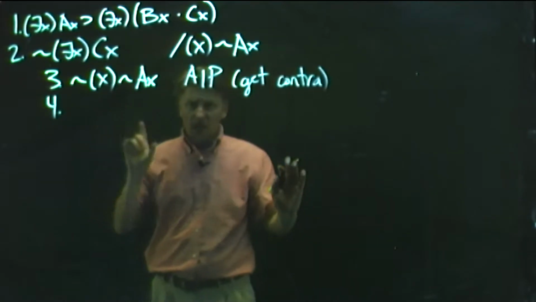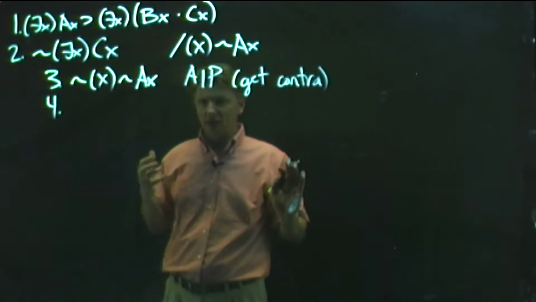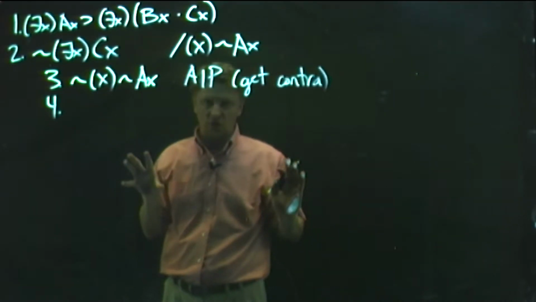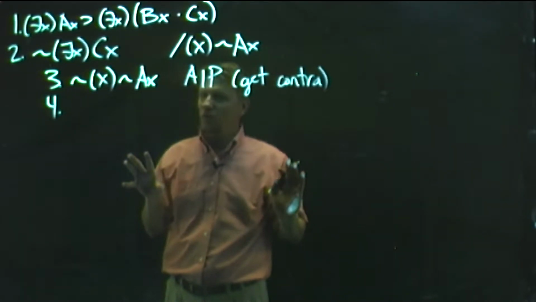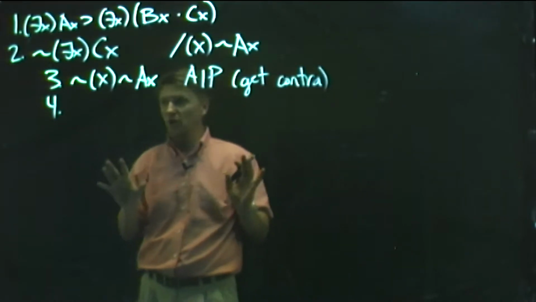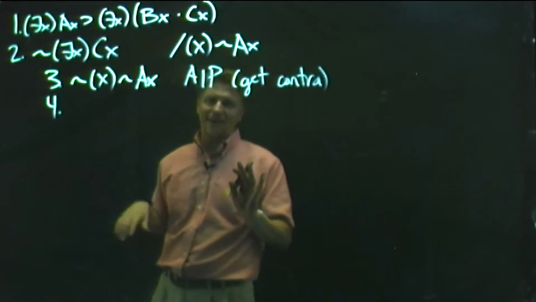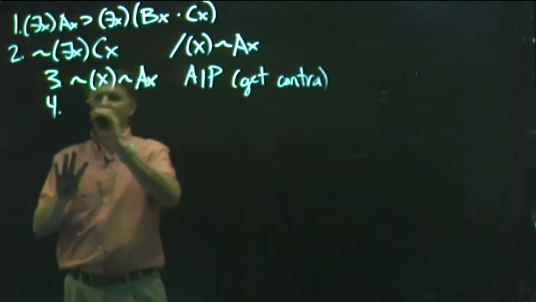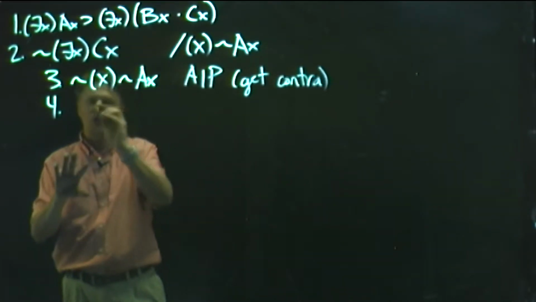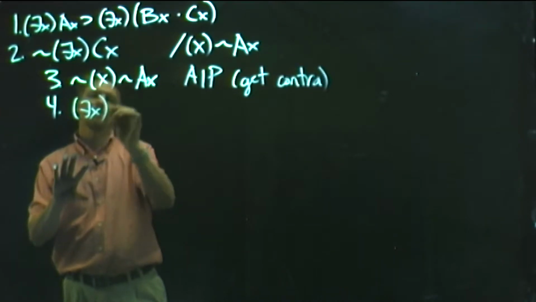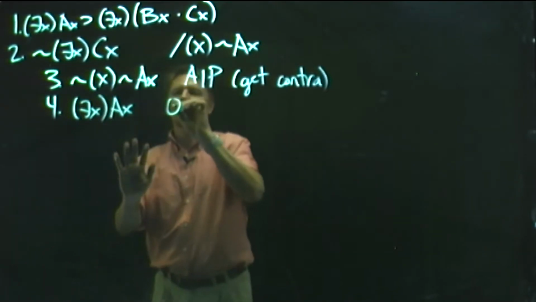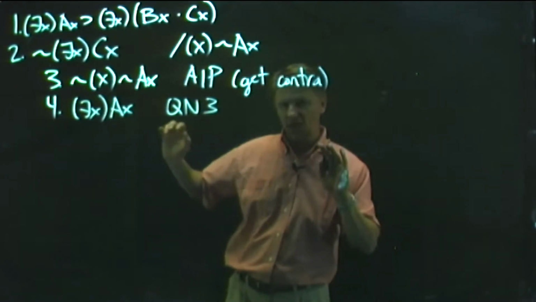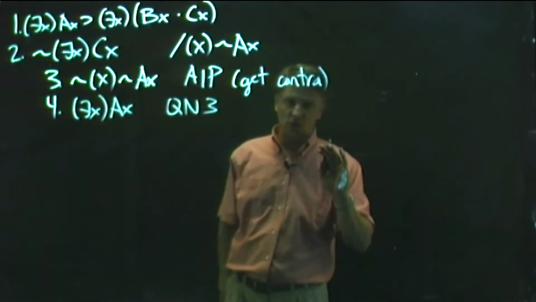I also just want to remind you that if you look at number 1 here, the main operator of number 1 is the horseshoe, and so we cannot pull off those quantifiers. They will not come off, so we'll leave those on. But we need to get the quantifiers to match, and of course we have a rule to do that for us, the quantifier negation rule. And so in this case, we can use the quantifier negation rule like so, right? When you have tildes on both sides, we just drop them, and that changes the quantifier.